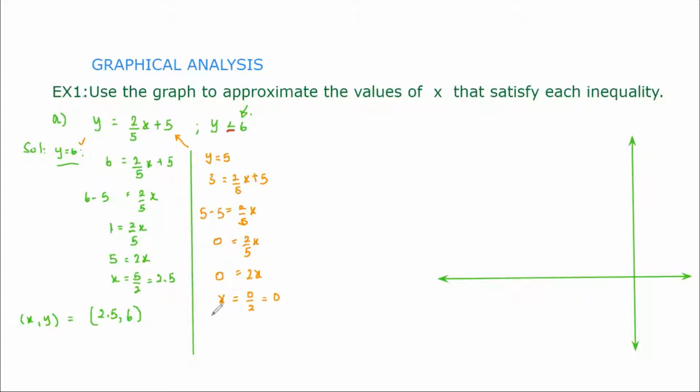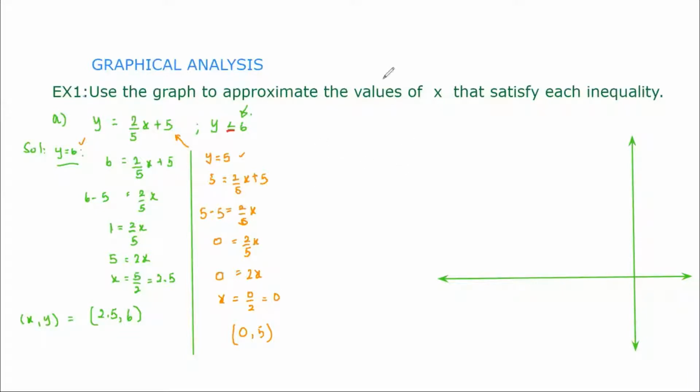Now you get another coordinate point, x is 0, y is 5. I think that's enough at this moment, you can plot the graph first.